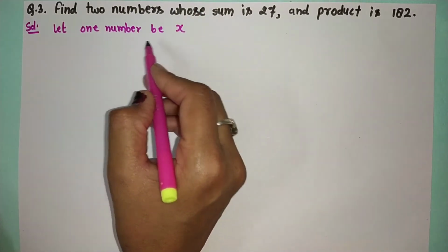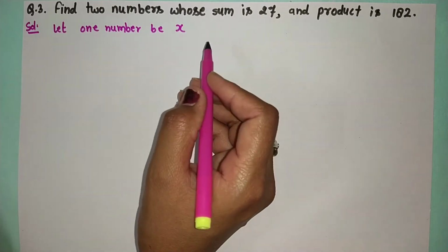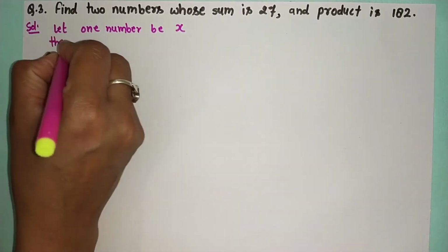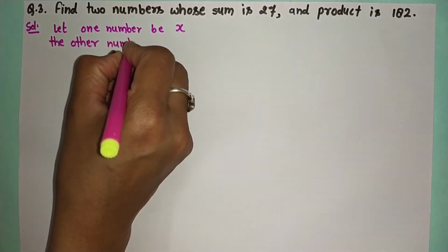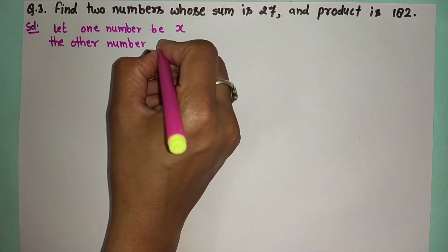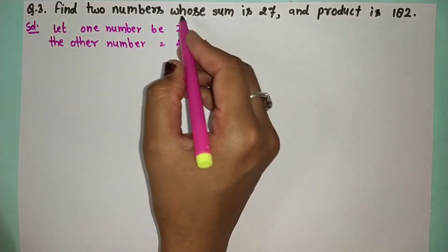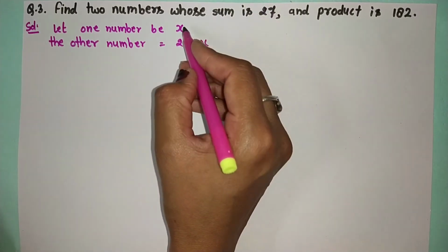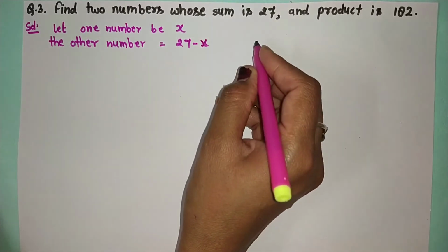If one number is x, then the other number will be 27 minus x. It is given that the sum of the two numbers is 27.